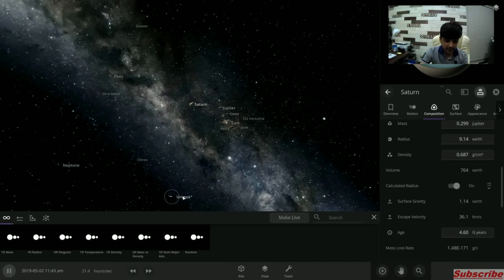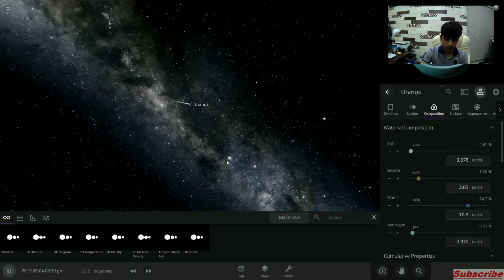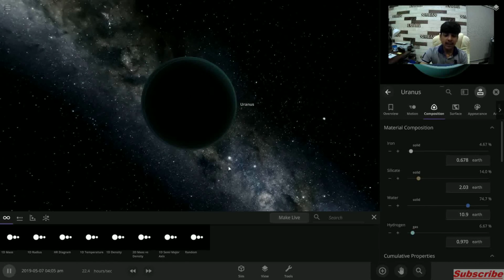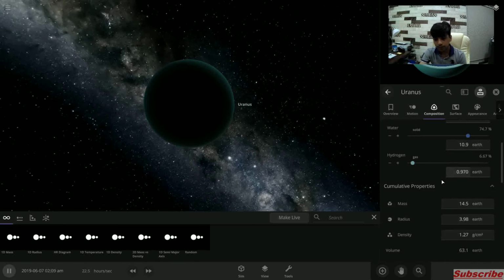Now the first is Uranus. Uranus is not like the other gas giants, mainly composed of hydrogen. It has a little bit of iron, which is solid, 0.678 Earths of solid iron, silicate which is also solid, and it's 2 Earths, and water is covering most of it, which is 10.9 Earths, and hydrogen is only 0.970 Earths worth.